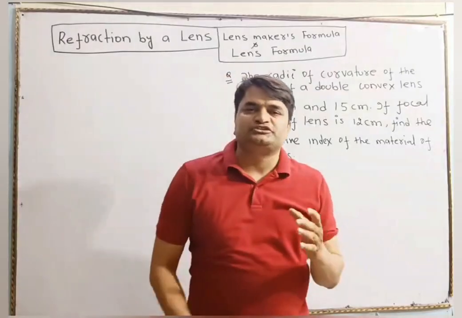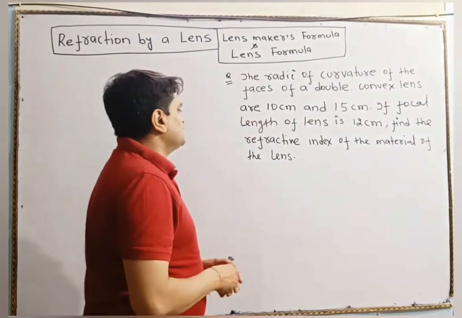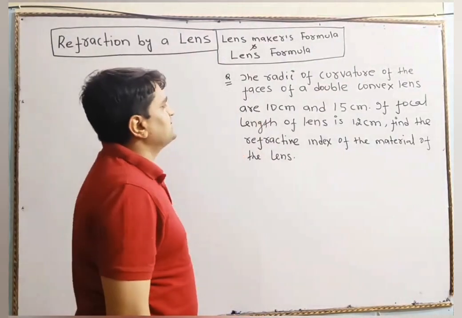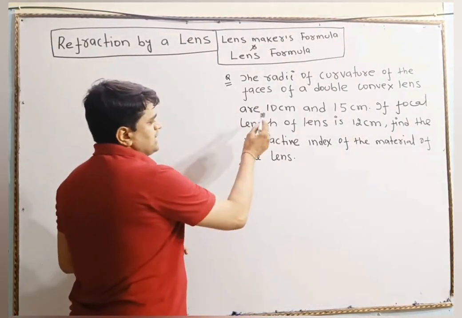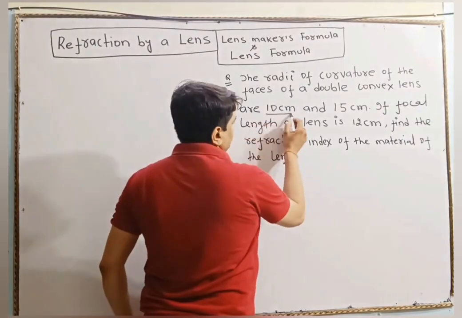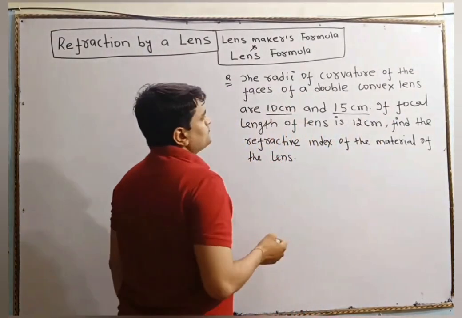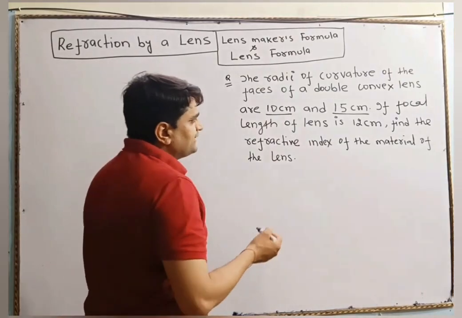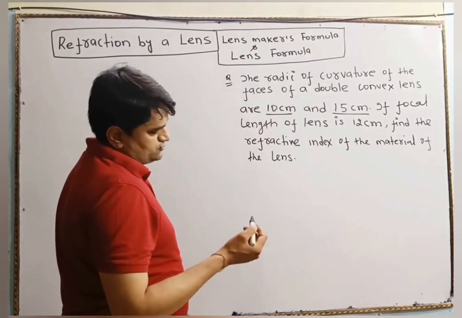Okay. Another question on the lens formula, lens maker formula. Here is the question: the radii of curvature of the faces of a double convex lens are 10 centimeter and 15 centimeter. If the focal length of the lens is 12 centimeter, find the refractive index of the material used.